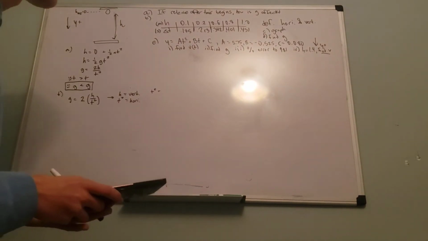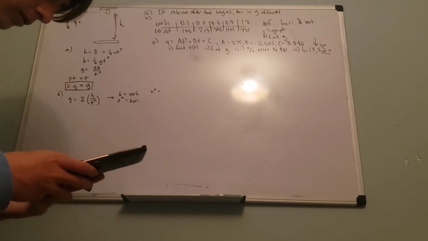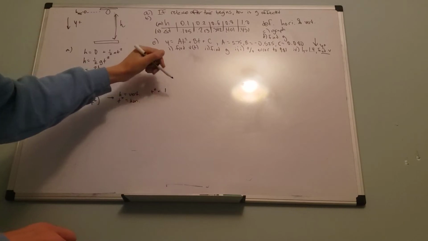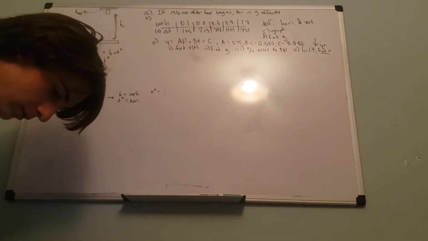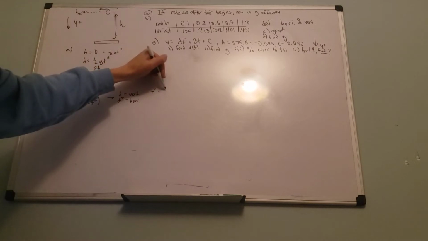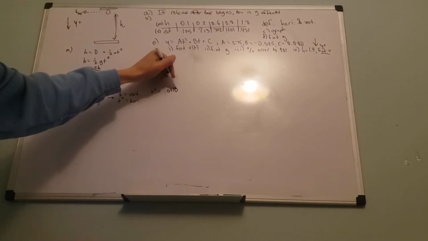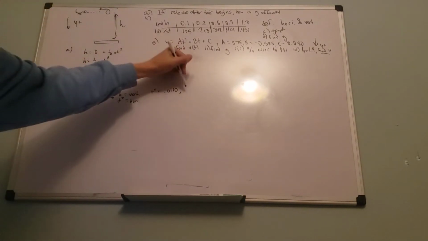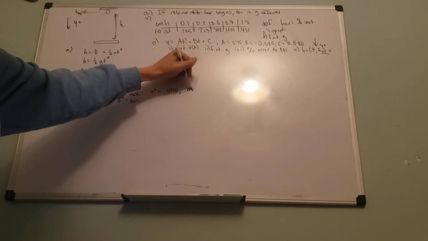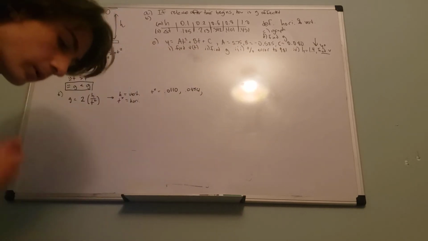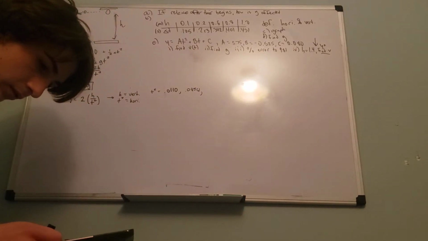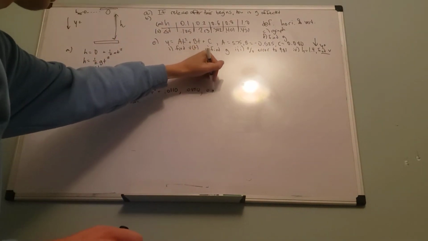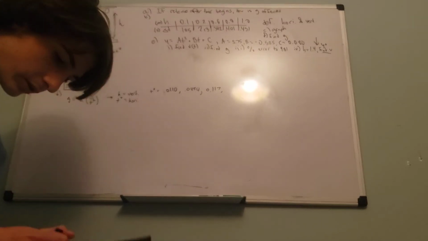Okay, so 1.05. Oh, sorry, not 1.05, 0.105. 0.213. 0.342. 0.401 squared.